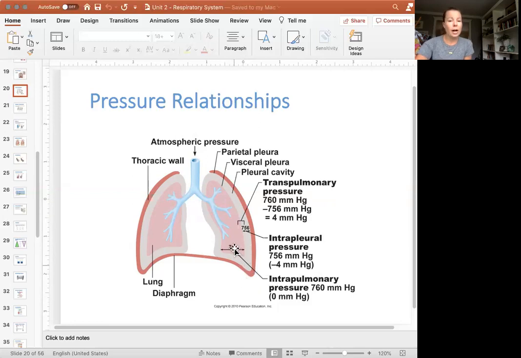So with this example that you're seeing on the PowerPoint slide, intrapulmonary pressure is 760 millimeters of mercury. And remember, intrapleural pressure is always slightly less than that. So here it's 756, just a little bit less than intrapulmonary pressure.